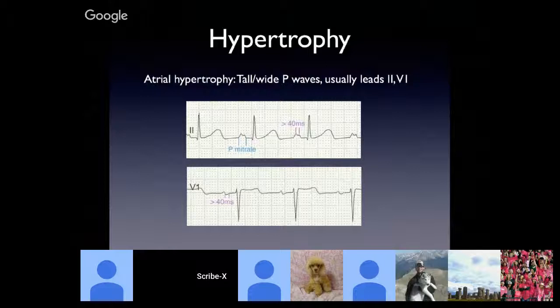If that's stiff and not admitting blood freely, then the atrium has to work at propelling blood from the atrium to the ventricle, and you'll get a big left atrium. And that is represented by this sort of biphasic P wave. The classic left atrial hypertrophy is greater than 40 milliseconds, and it's a biphasic P wave. So up, down, greater than 40 milliseconds.